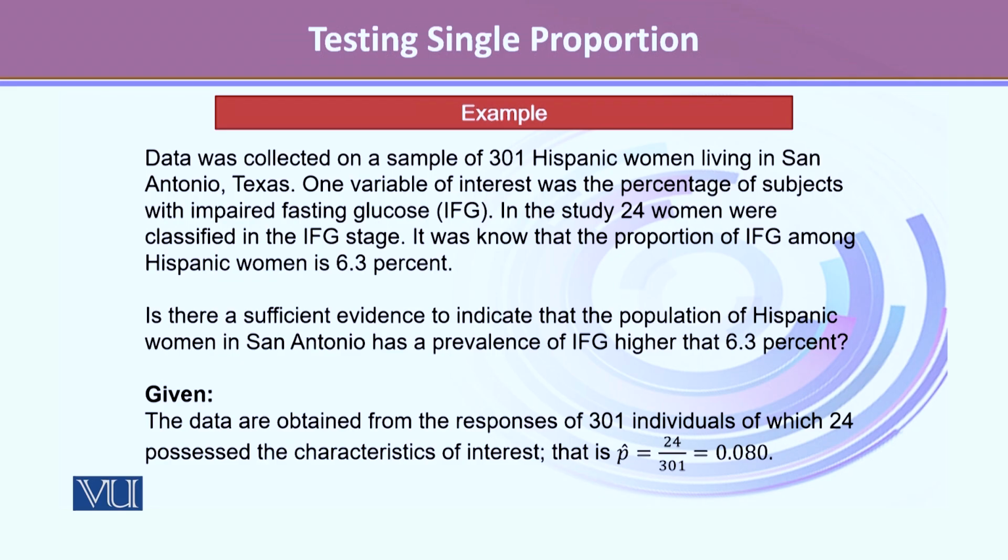First of all, we look at the given information, which states that the data are obtained from the responses of 301 individuals, of which 24 possess the characteristic of interest. Hence, p hat is 24 over 301, which equals 0.080.